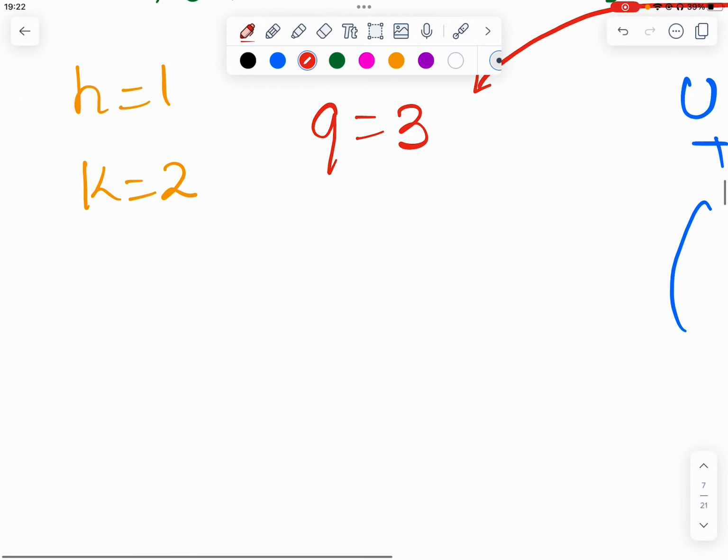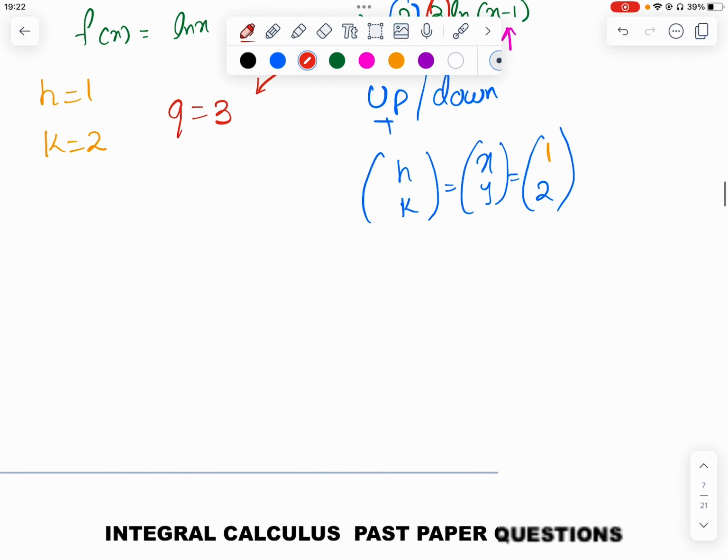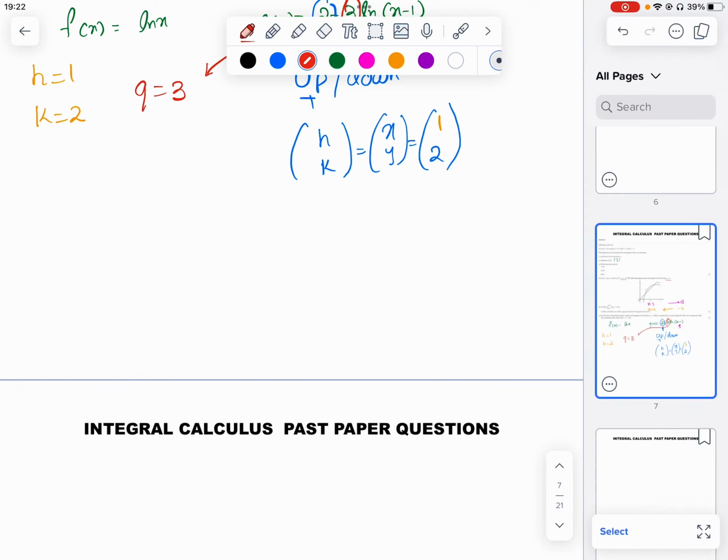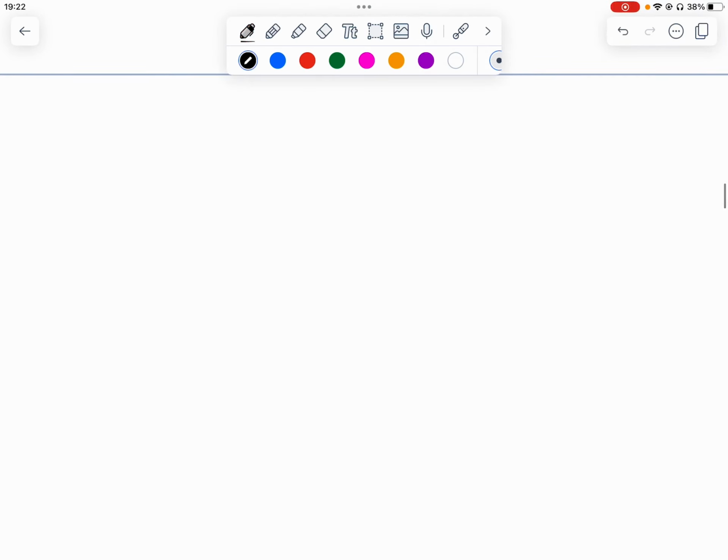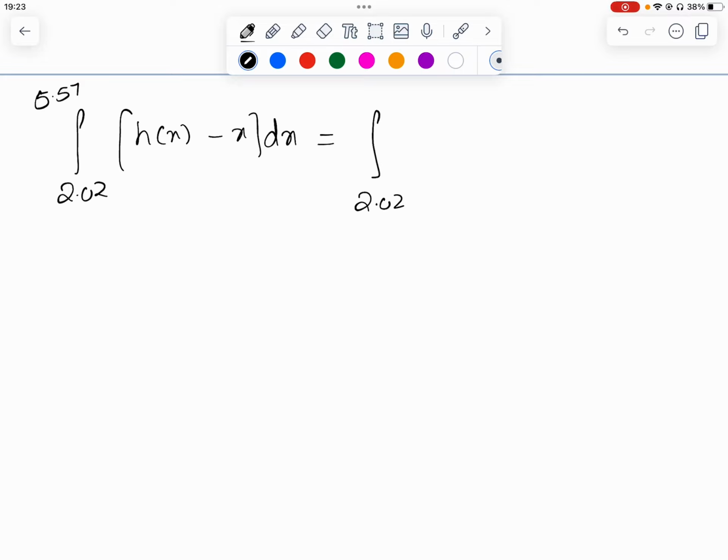So what is that? I add a page over there. I do the integral from 2.02 to 5.57 of h of x minus x dx. So which becomes the integral from 2.02 to 5.57 of h of x.